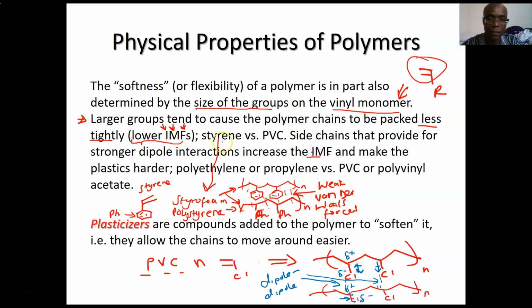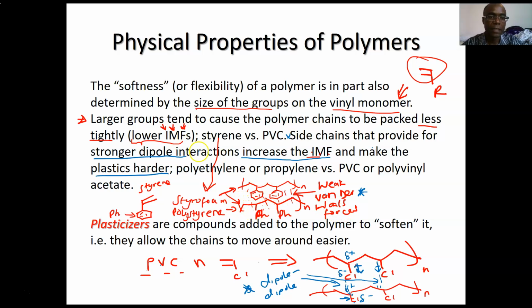So now coming back here, we'll say side chains that provide stronger dipole interactions will increase the intermolecular force and make the plastic harder. So that's why PVC, polyvinyl chloride, will be harder than styrofoam or your packaging peanuts, because dipole intermolecular forces are stronger than the weak van der Waals dispersion forces in the styrofoam structure.